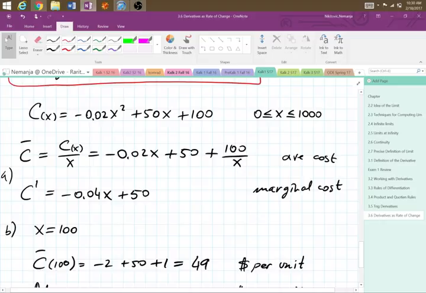Whatever this function is, it costs 100 bucks to set up the production, and then the rest is cost. Now you see that as soon as you make 100 units, that initial cost of 100 is now 49 for each. So if you make 1 unit, how much is 1 unit worth? Well, it's 149 and 98, sorry. So this is how the cost is done.